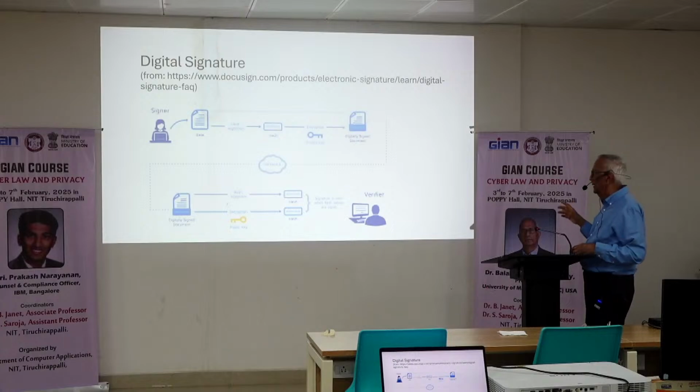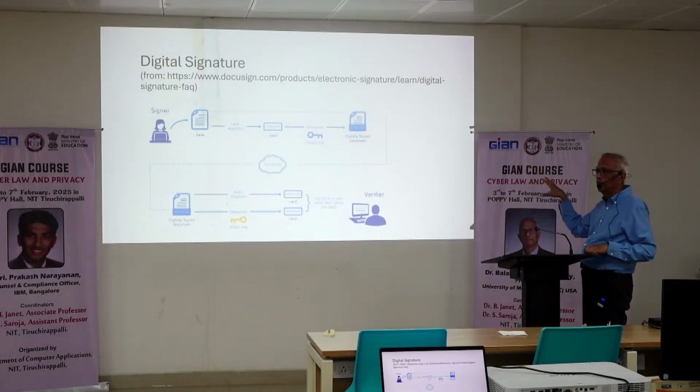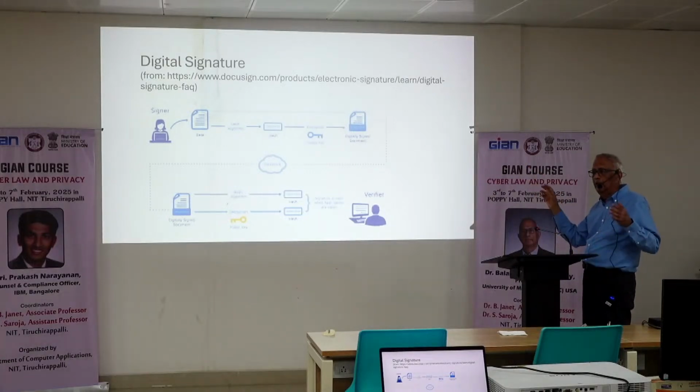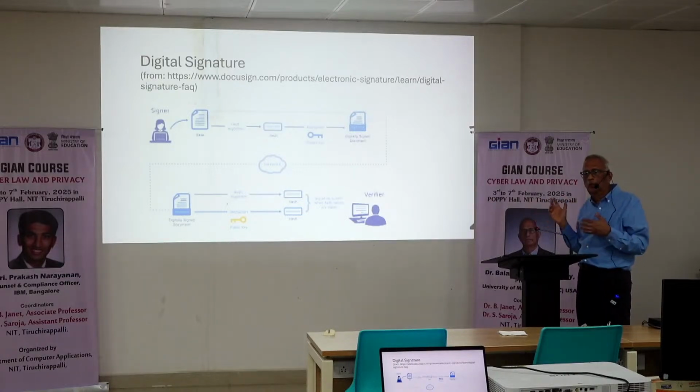That is what is known as a digital certificate. So the whole thing depends on essentially having a public infrastructure. In India, they do have a public infrastructure to do this.